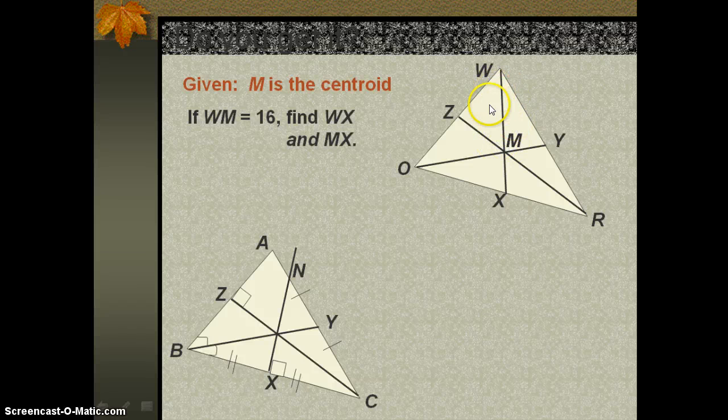So if 2/3 is 16, then we know that this 1/3 part right here has to be 8. It has to be half of that. So MX is 8, WM is 16. That means WX has to be 24. So our two missing pieces are 24 and 8.